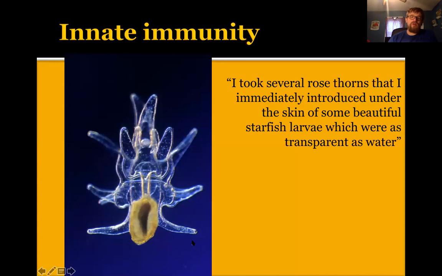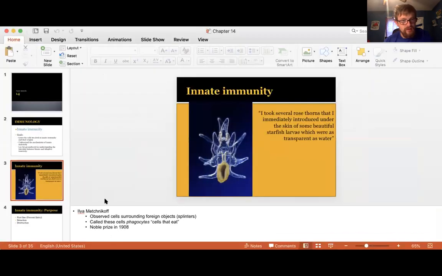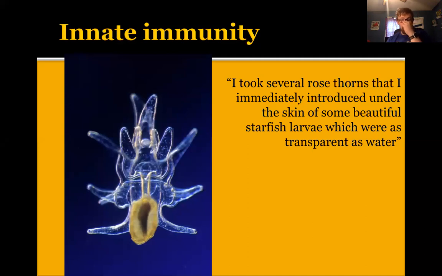So, did I have it in here? Yes, I always forget this. So this is Eli Metnikov, who was Russian. He won the Nobel Prize in 1908. I always forget his name. And he essentially discovered the innate immune system. So this is a starfish larva here. And so you can see his little quote here.